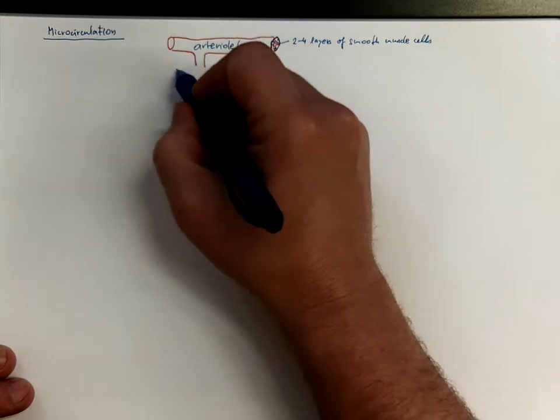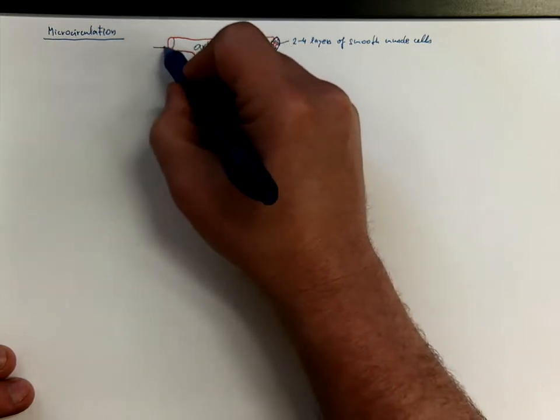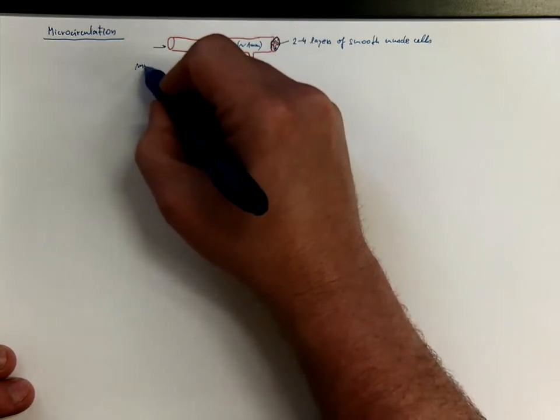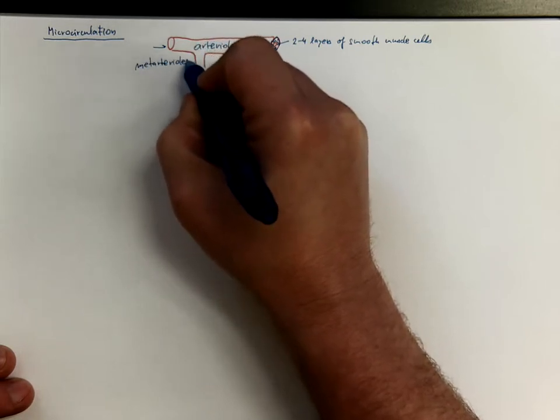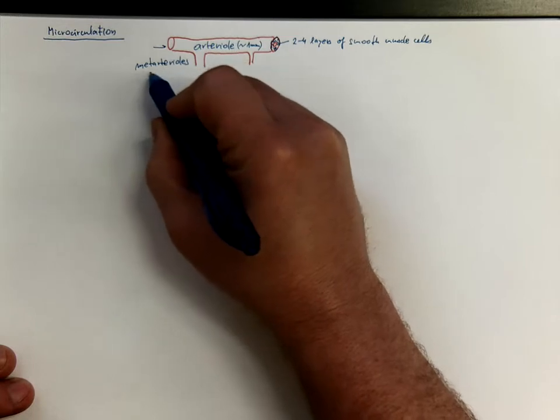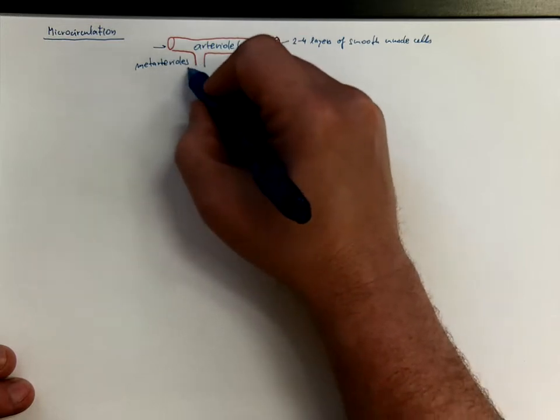The branches of the arterioles are called metarterioles because they are behind, like meta-arterioles.